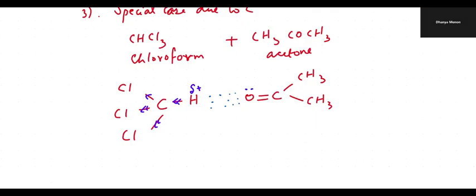I hope it is clear, right? So please remember this. Sometimes they give 4 options. Which of them don't form hydrogen bond? So quickly students try to take this option, but you have to remember this as a special case. I hope I'm clear. Okay. So students, moving on further.